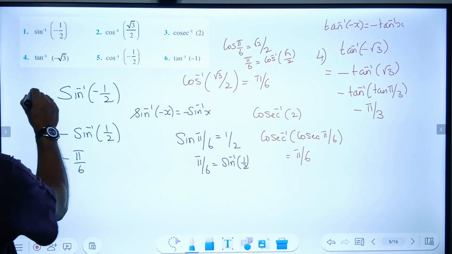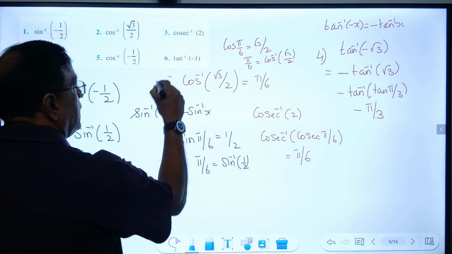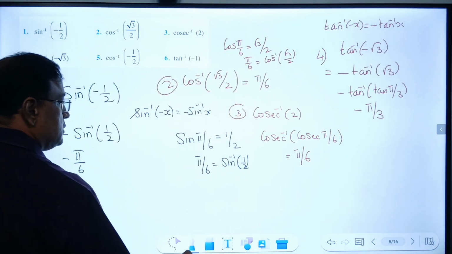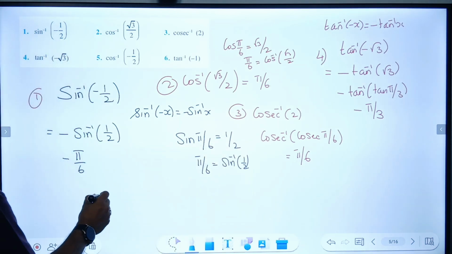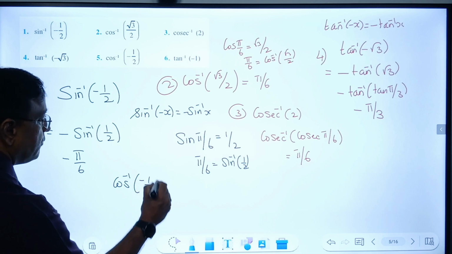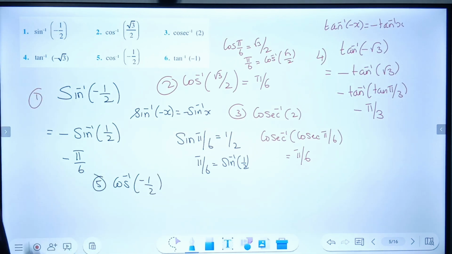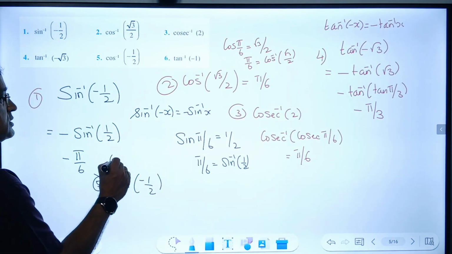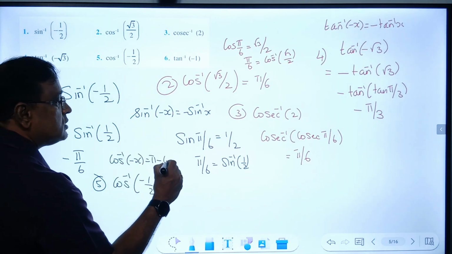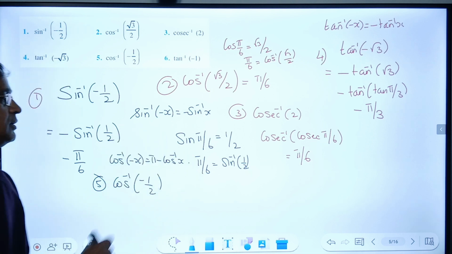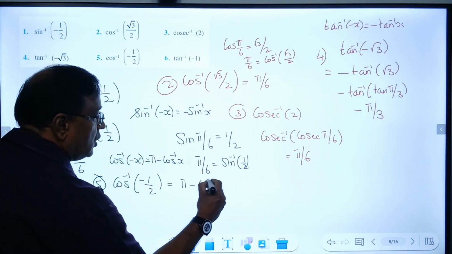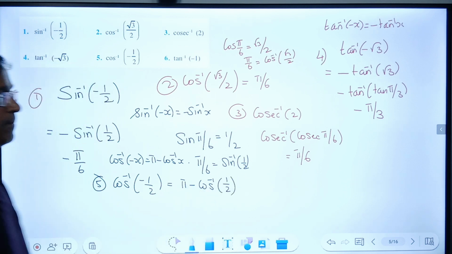Correct? So this is the first question. This is your second. This is your third question. And that's your fourth. Now let's go to the fifth question. Fifth question is cos inverse of minus half. But you know, cos inverse of minus x is pi minus cos inverse of x. Correct? So cos inverse of minus half will be pi minus cos inverse of half.